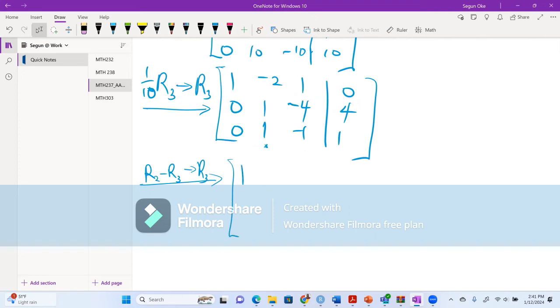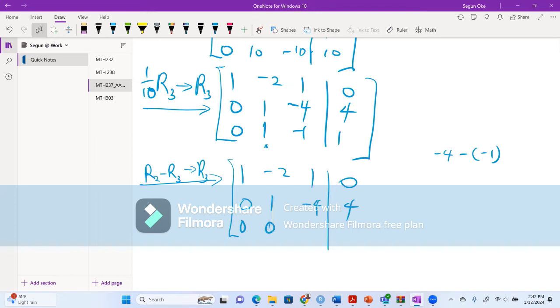It will be 1, negative 2, 1, 0, 0, 1, minus 4, 4. So this is 0, 1 minus 1 is 0. So you have minus 4 minus 1.